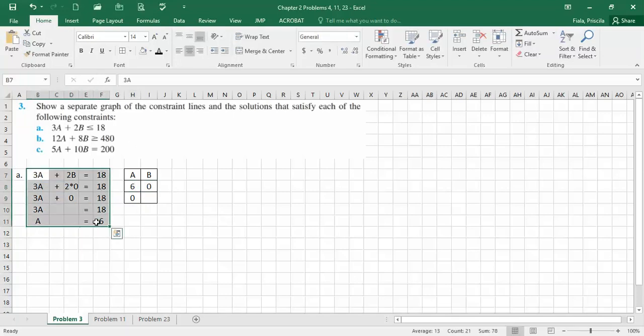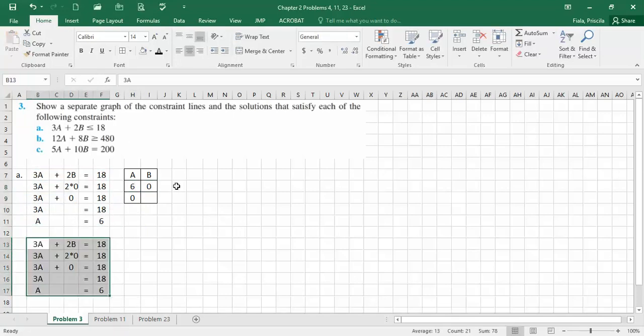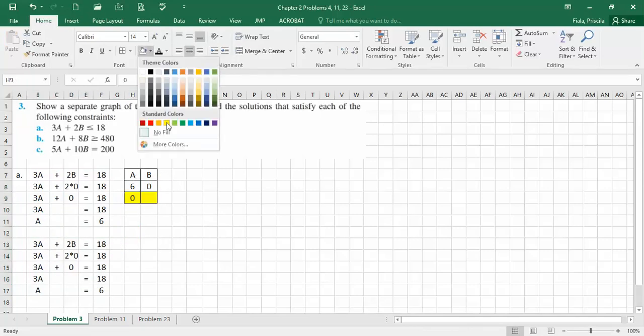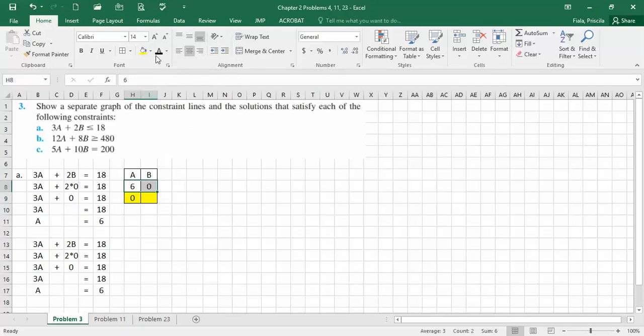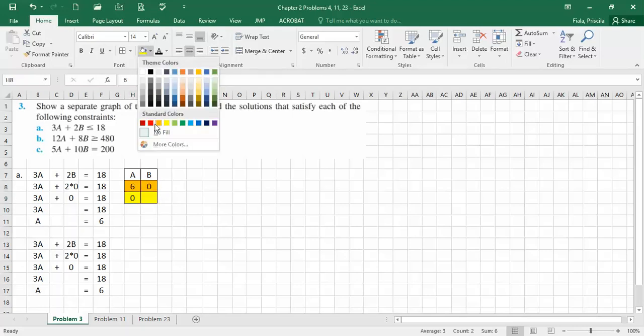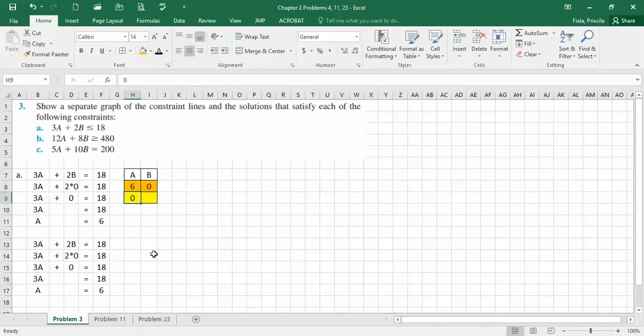Now we're going to do the other way around. We're going to solve now for B. So we have the second equation right here now. This is your first, and now we're working on the second.